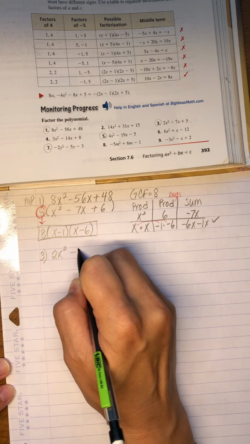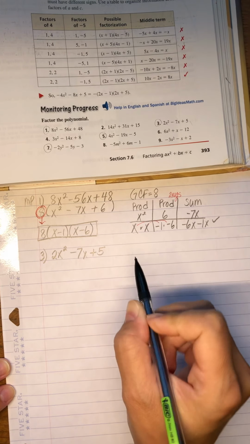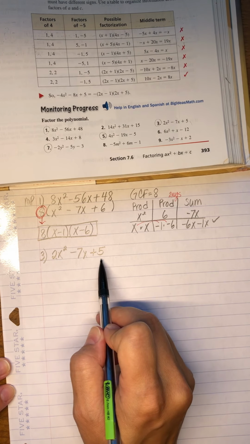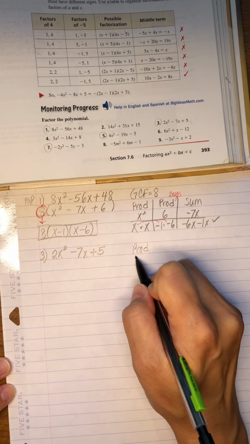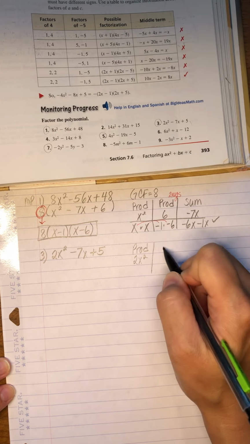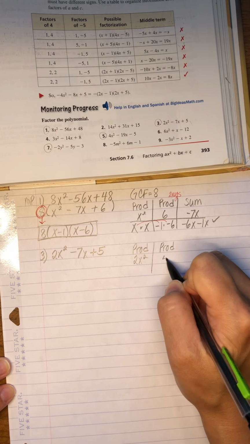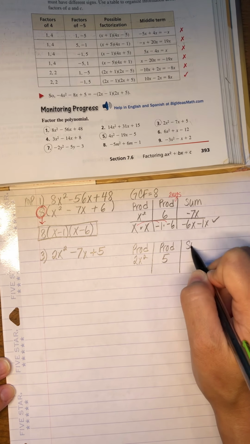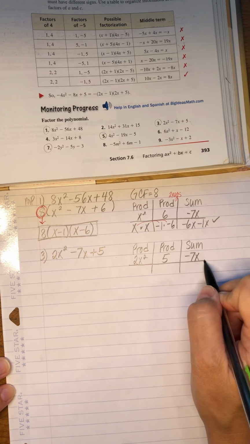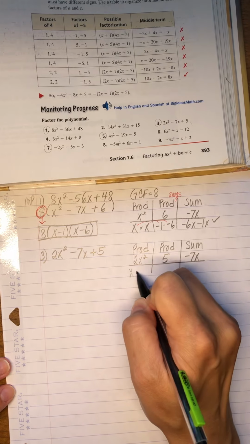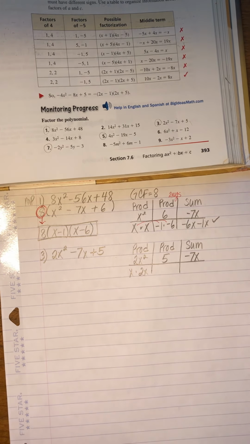2x squared minus 7x plus 5. No GCF in this one, so I'm going to jump right in. Let's make our table. We have a product of 2x squared, a product of 5, and a sum of negative 7x. Okay, let's figure this out. I'm going to have x times 2x to get 2x squared.